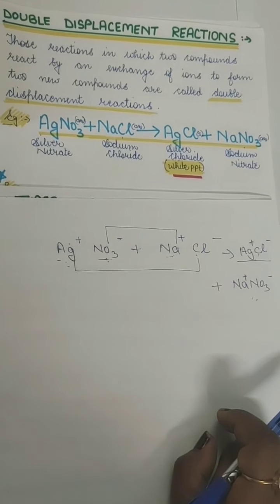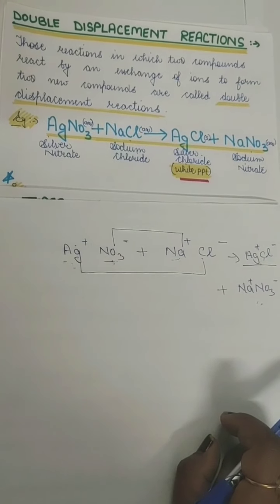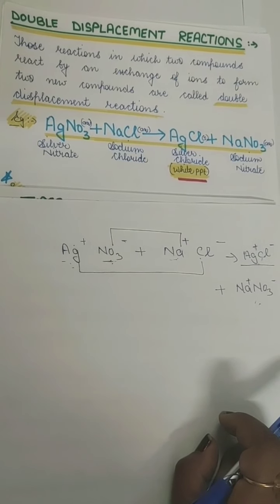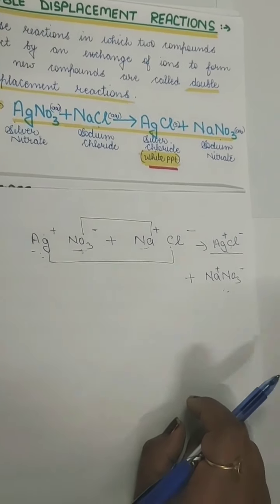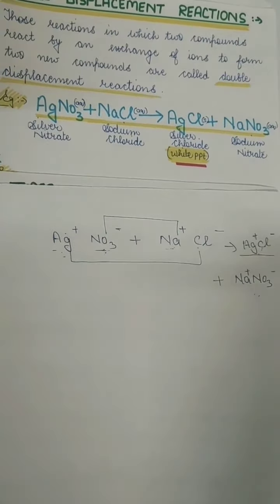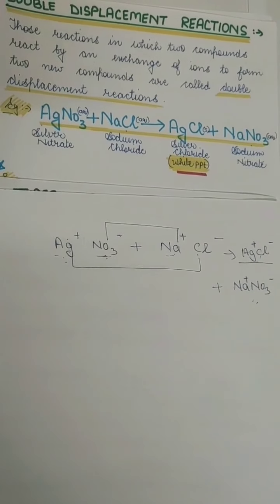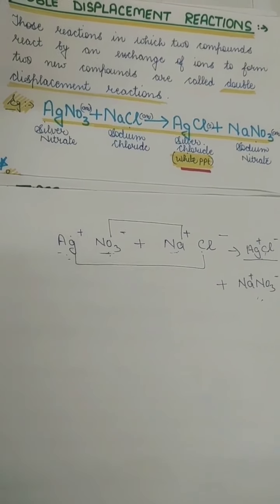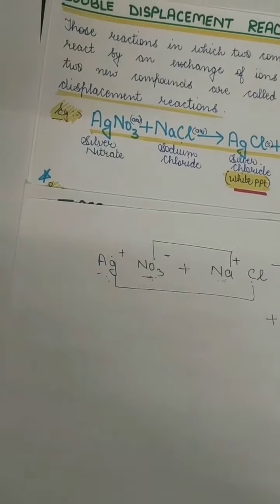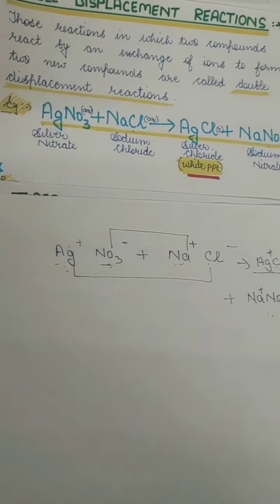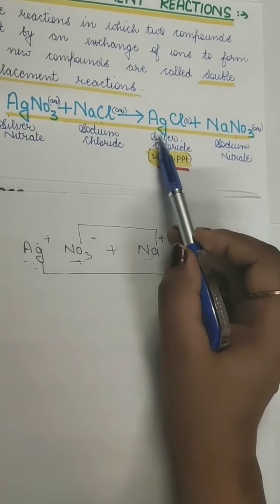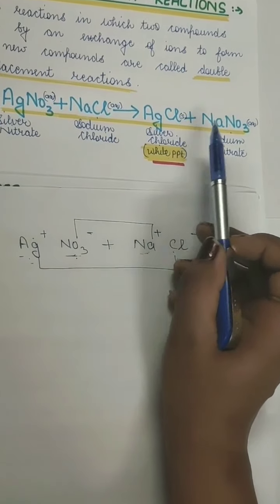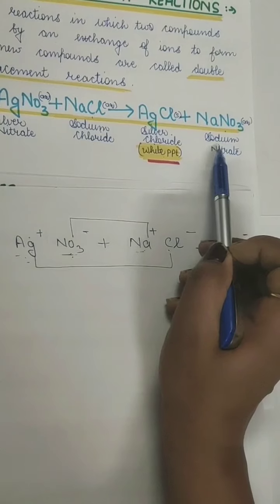Precipitates are basically any part of a substance which is not soluble in the solution. Any colorless or colored substance which is insoluble in the solution is called a precipitate. So here silver chloride precipitate is formed. In this test tube, what we'll see is that there will be a solution of sodium nitrate.